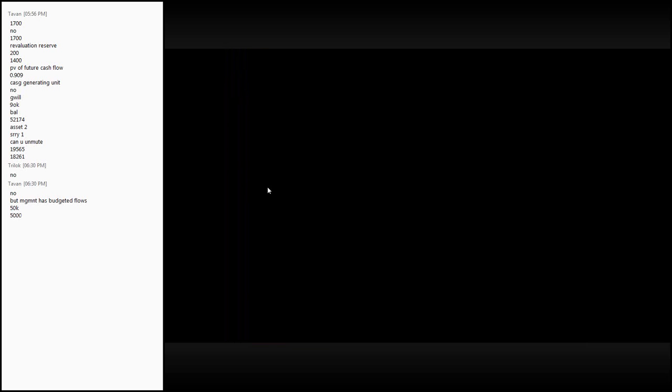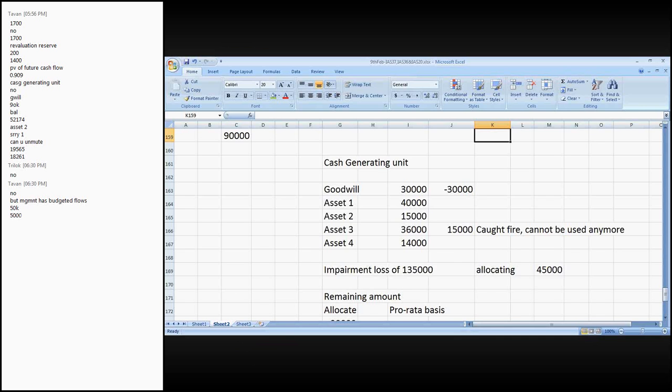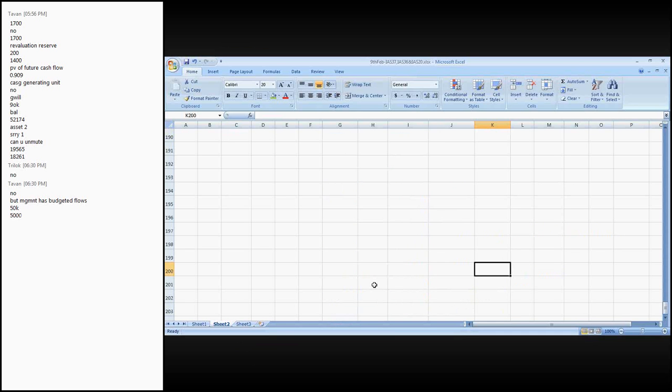Machine's value was 50,000. It has been revalued to 60,000. That means the revaluation reserve has an amount of 10,000. It suffered impairment of 5,000, which means the new asset amount will be 55,000, and the revaluation reserve will be 5,000.